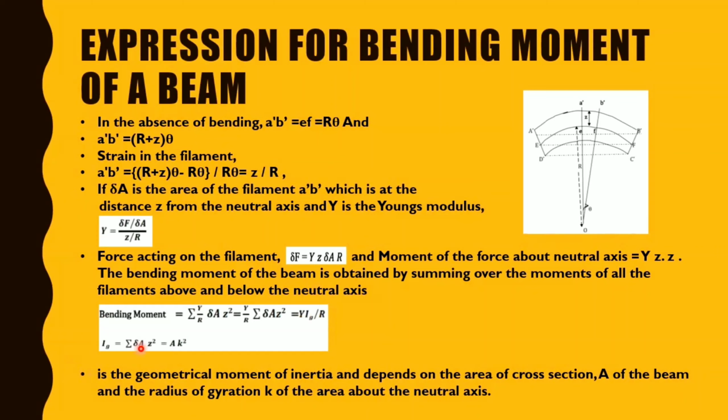Okay, so Ig is equal to summation of delta A Z square, which is equal to AK square, and it is the geometrical moment of inertia, which depends on the area of cross section A of the beam and the radius of gyration, that is K, of the area about the neutral axis.